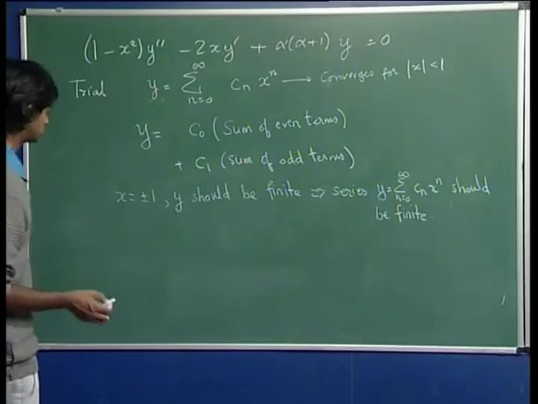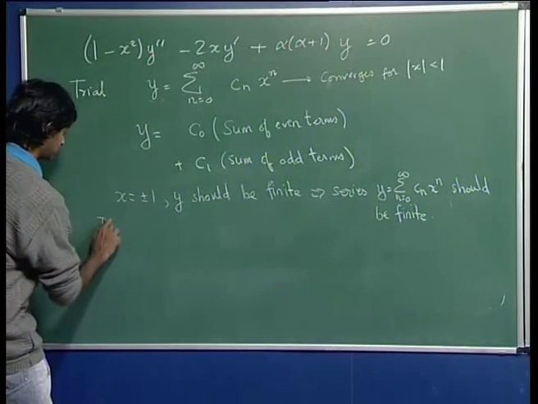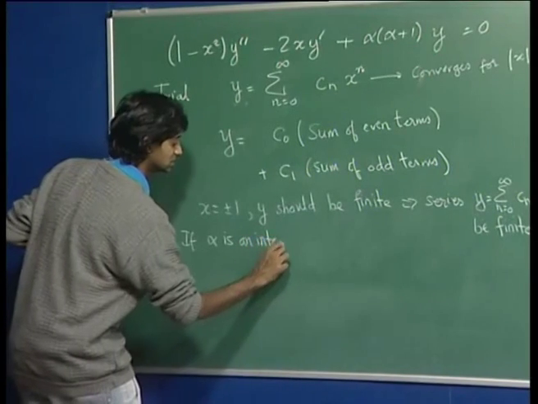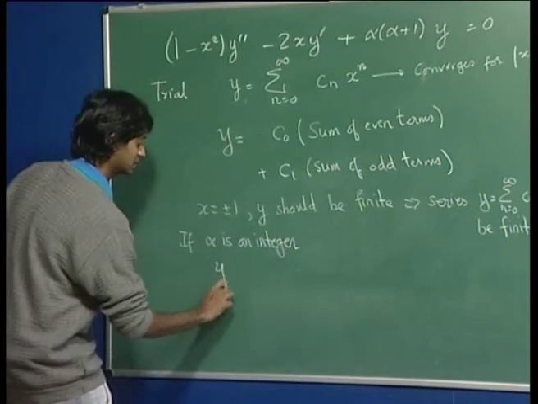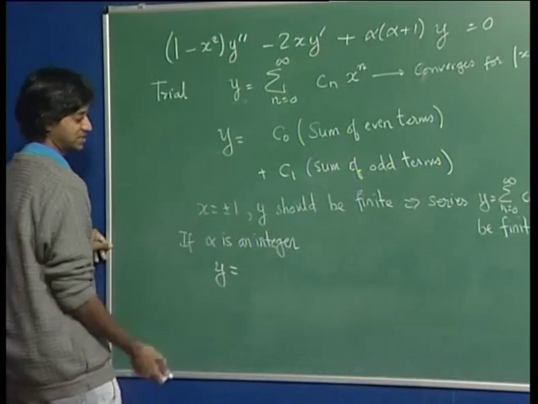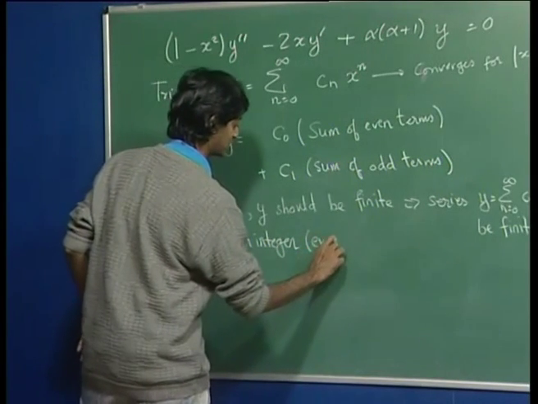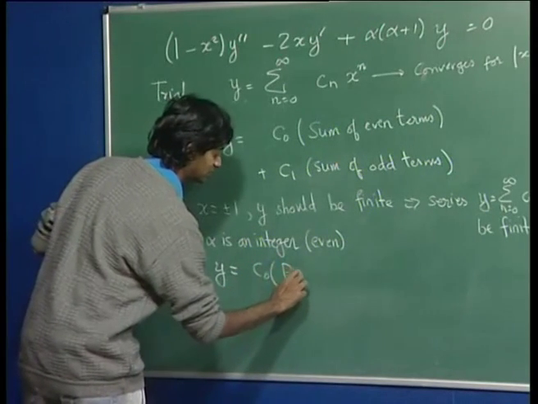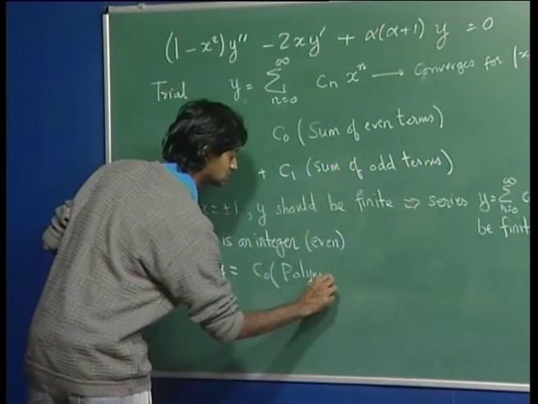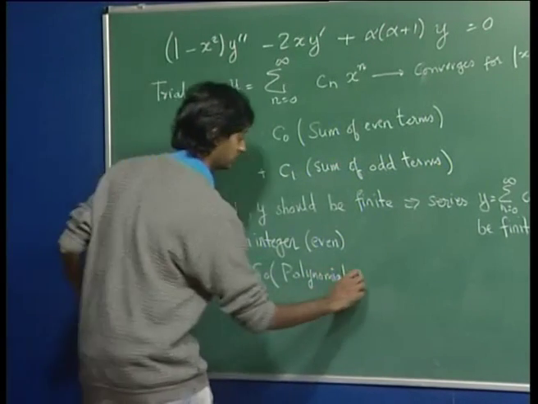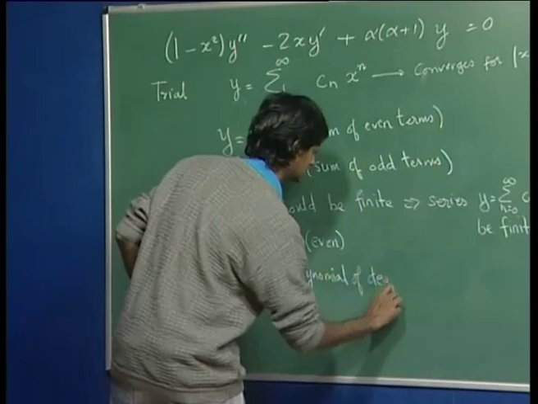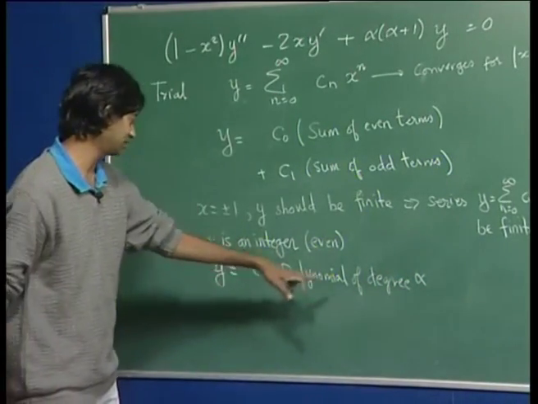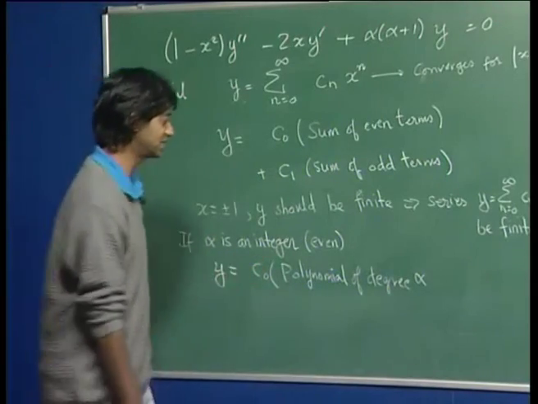So if alpha is an integer, and let's choose even for now, then y equal to C0 times a polynomial of degree alpha.